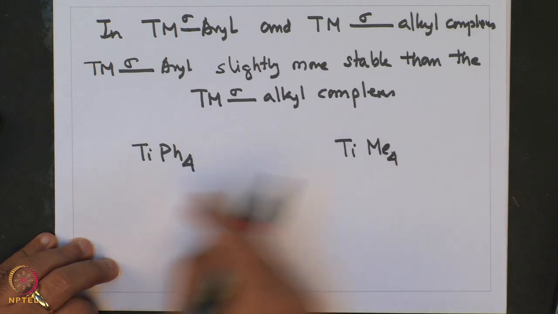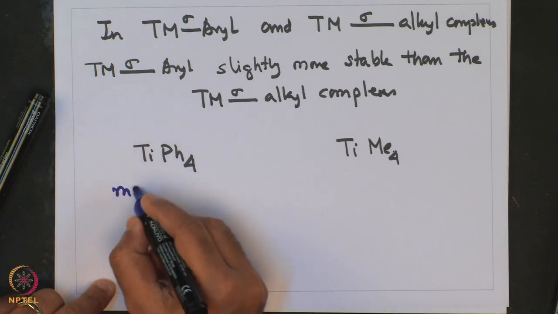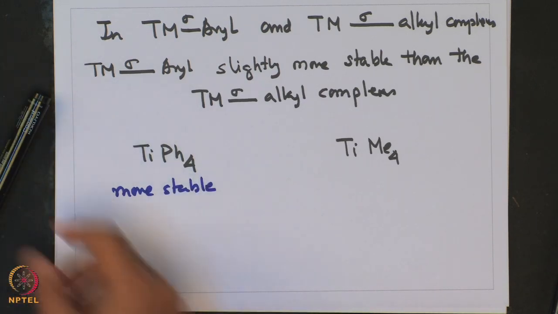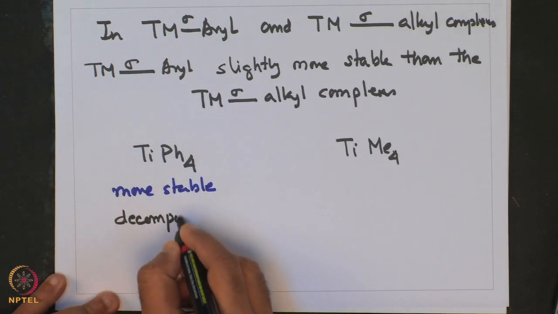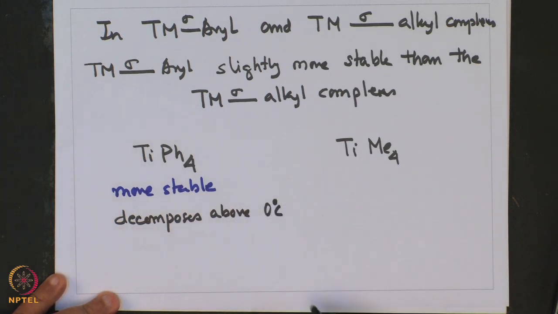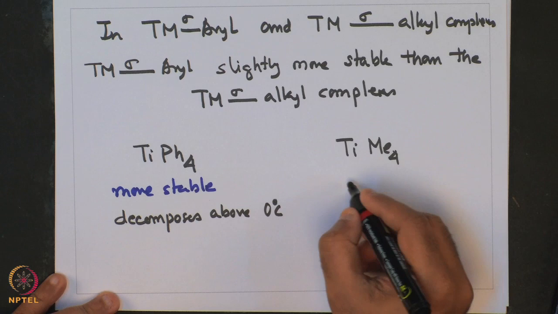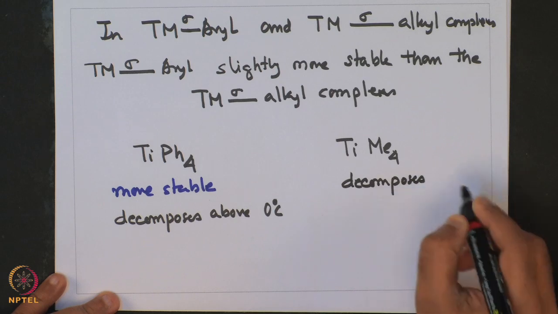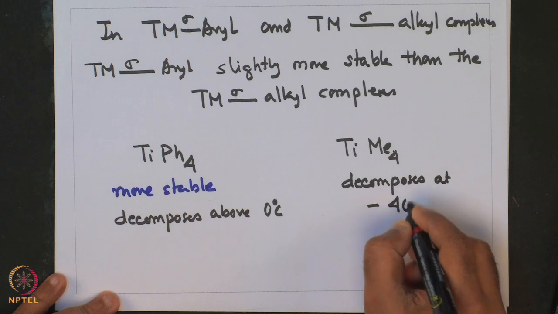Now, between these two, titanium tetraphenyl is more stable, as this compound decomposes above 0 degree centigrade, whereas titanium tetramethyl is so unstable that it decomposes at minus 40 degree centigrade.